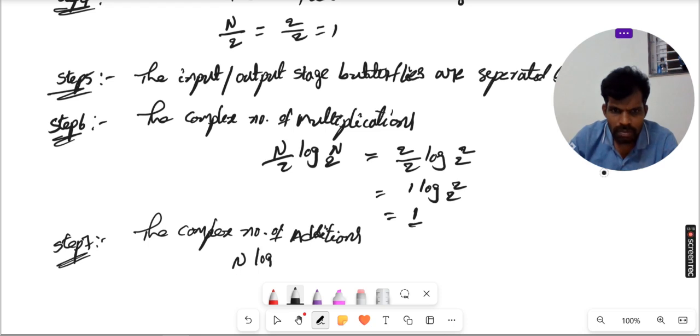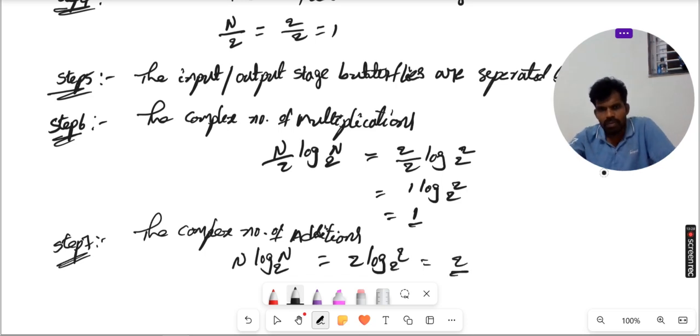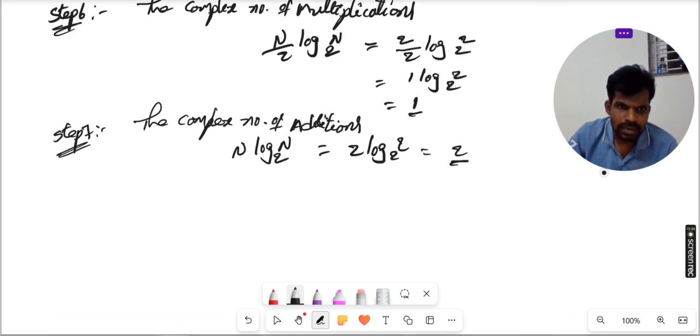The formula to find out the complex number of additions is N log N base 2, that is 2 log 2 base 2, which is equal to 2. So 2 complex additions. Step 8. Trivial factor calculation.